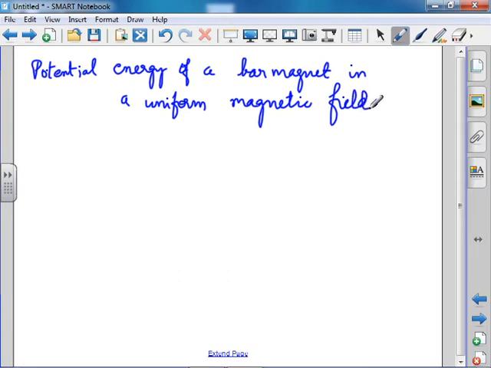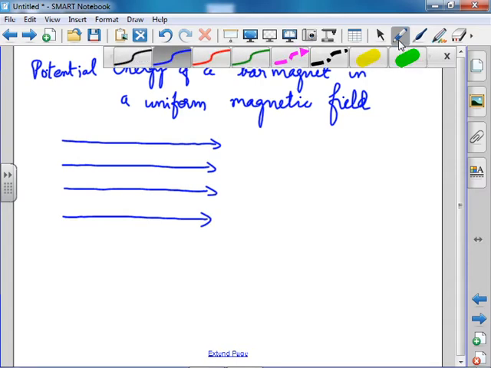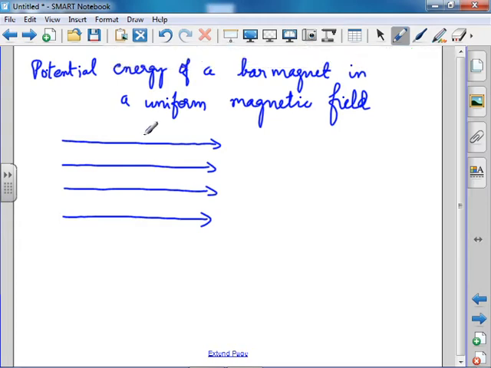It is a similar topic to the first lesson. What is the potential energy? Let us consider a uniform magnetic field, represented by parallel lines, and a bar magnet kept in the uniform magnetic field making an angle theta with the field.